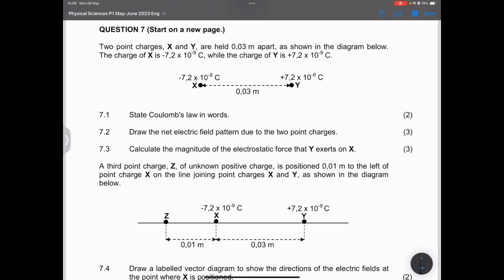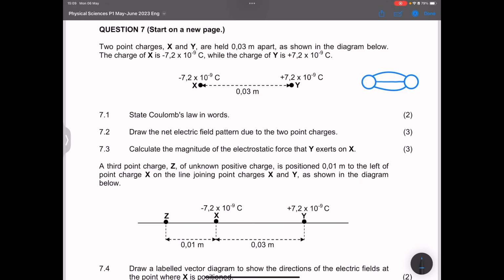Okay, so they say draw the net electric field pattern due to the two point charges. Now remember, we've got a positive and a negative charge there. In fact, let's just draw them as some type of spheres. I'll try to make it as nice as possible.